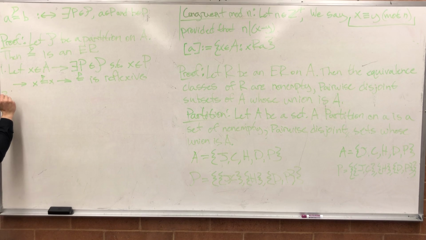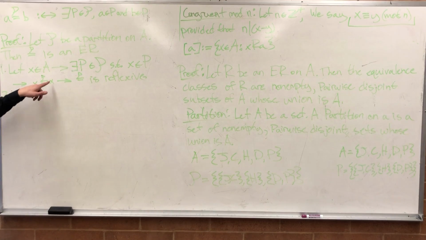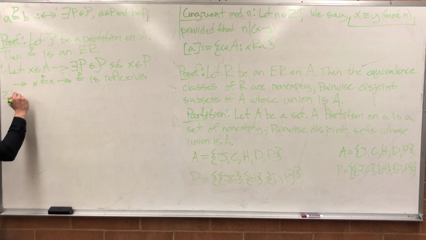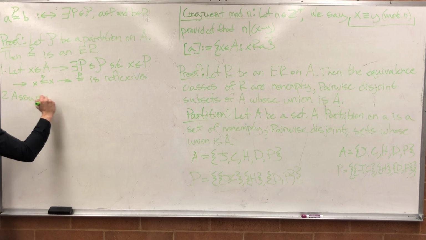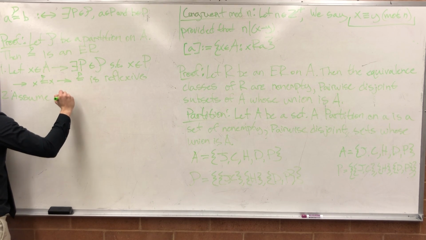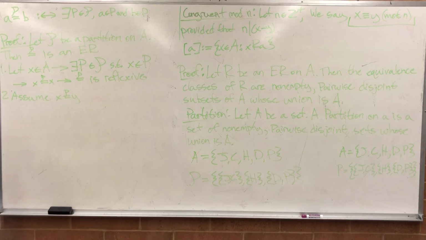Okay. Now we need to show it's symmetric. How do we show it's symmetric? That if you're related to them, they're related to you. Yeah, we need to show that if x is in the same part as y, y is in the same part as x. So 2. Now assume that x is in the same part as y. What does that mean?